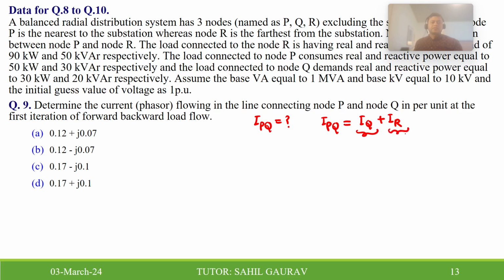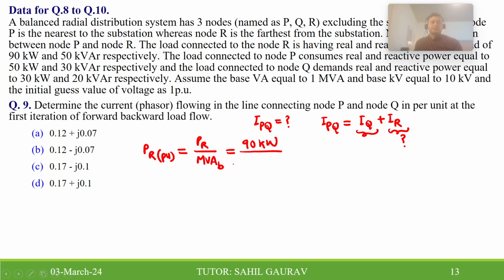So first we are going to find this IR value. For load current IR, first we convert the power quantities into per unit. So PR per unit is PR upon MVA base. PR is given as 90 kilowatt.